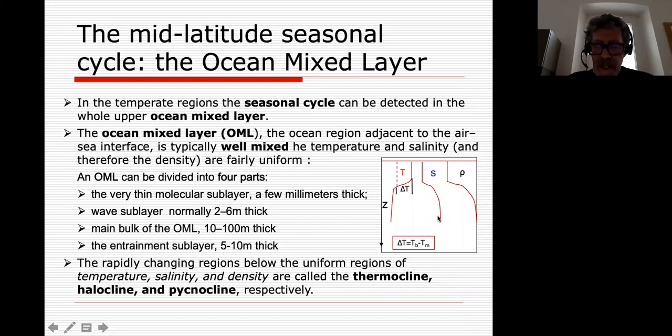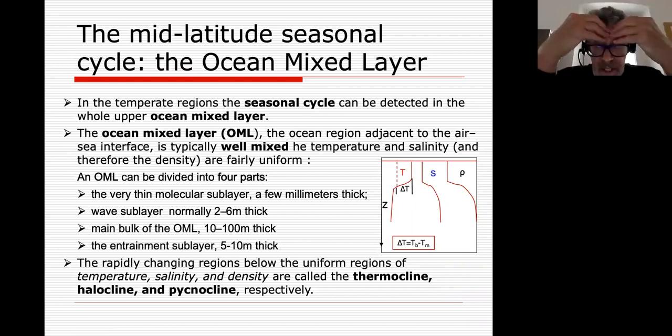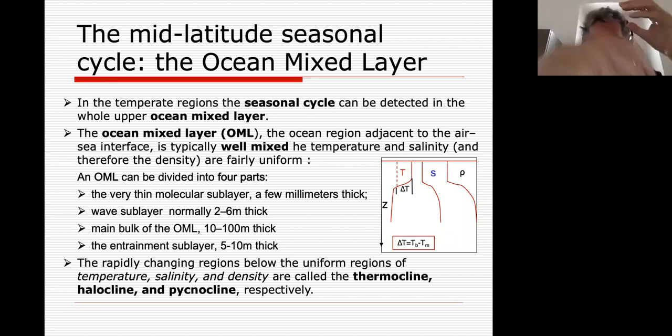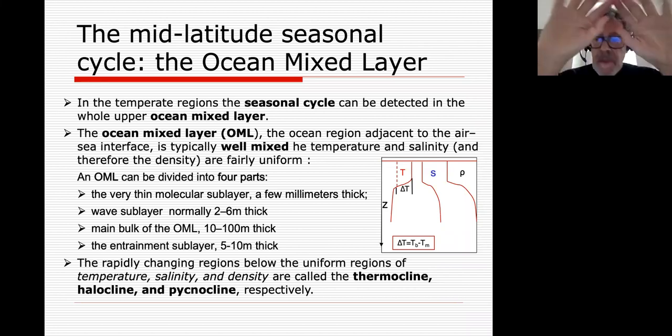Why? Because density should be lighter at the surface and denser at depth in order to guarantee the static stability of the water column. And if this static stability is not respected, you have the collapse of the water column, you have convection. So the denser water falls down and is replaced by lighter water from below. But this is another issue.